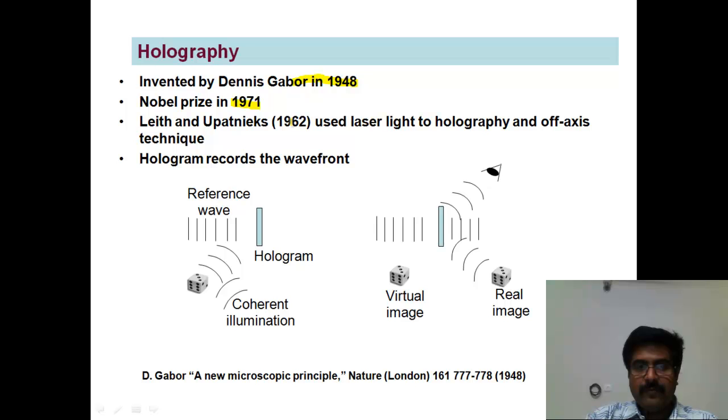Now we will see the recording and reconstruction procedure of a hologram. The schematic is shown in the figure. Consider an object. Here it is a cube, a three-dimensional object. Illuminate with a coherent laser. The coherent laser illuminates the object, and the light diffracted by the object goes to the holographic plate, which is a recording material, silver halide emulsion.